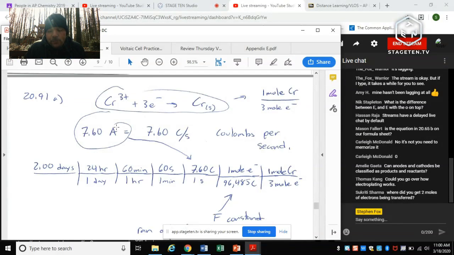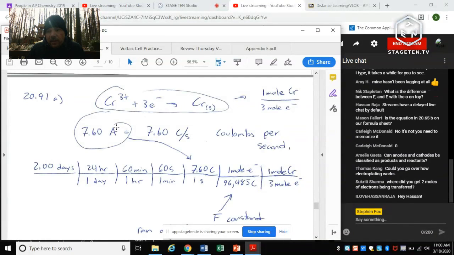So if I apply 11 amps for 15 seconds and I want to know how many coulombs that is, it's just 15 times 11. That would be total coulombs. All right?